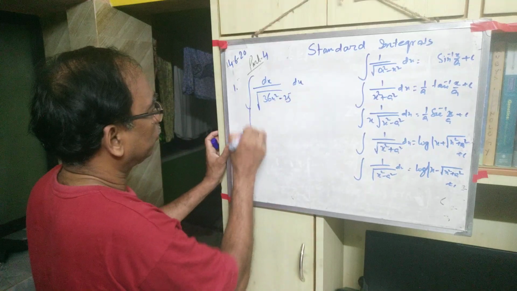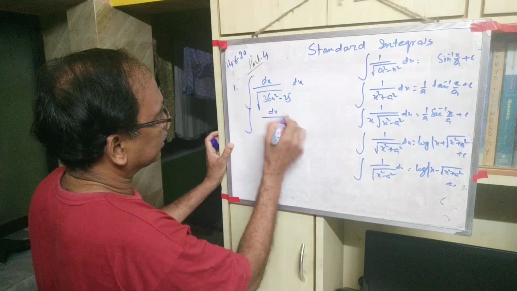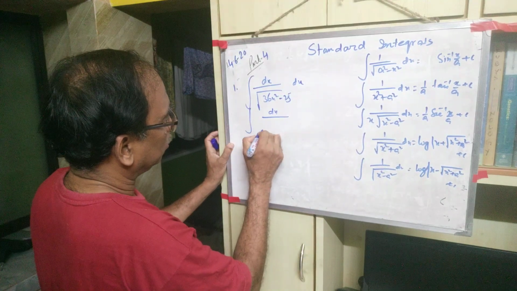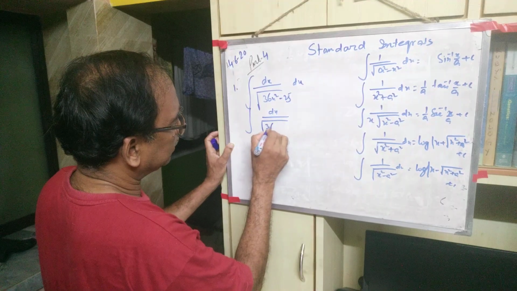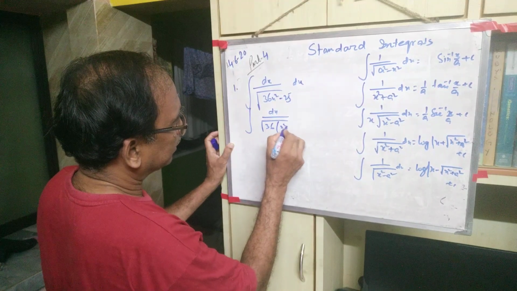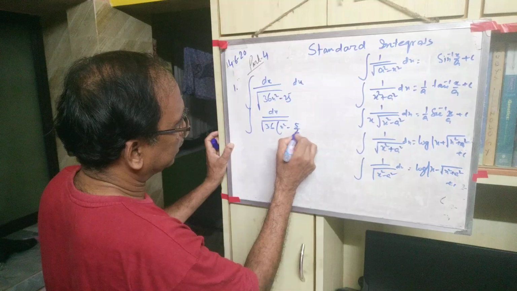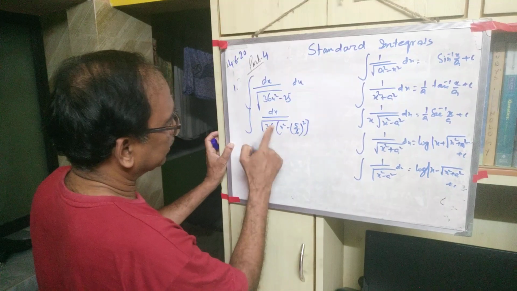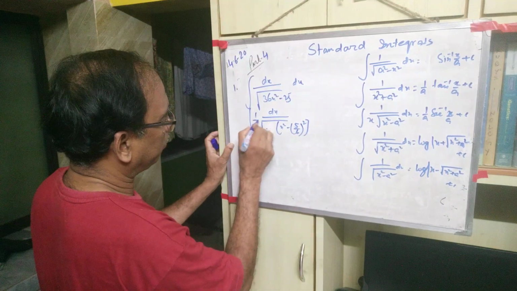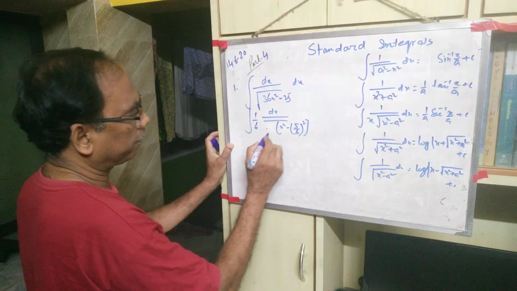We can write 36 common, root over 36 common, x square minus 5 by 6 whole square. 36 coming outside, that will be 1 by 6 taking common.